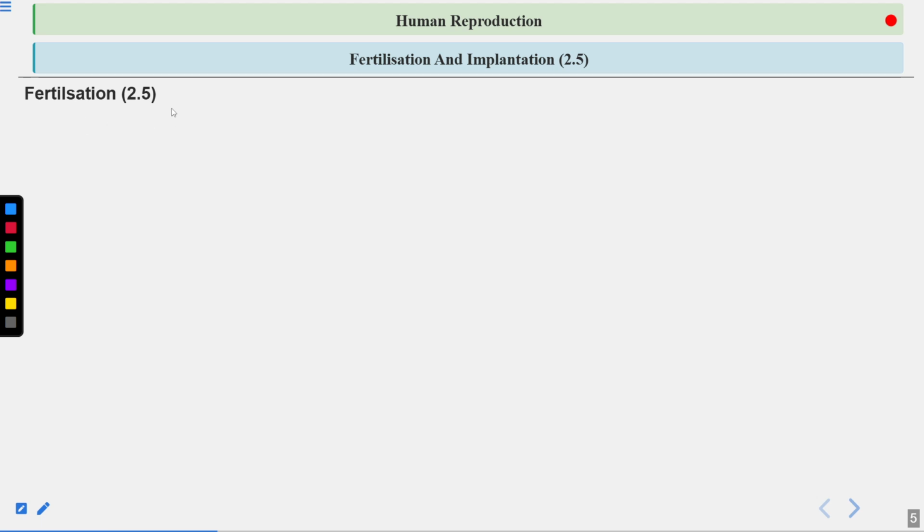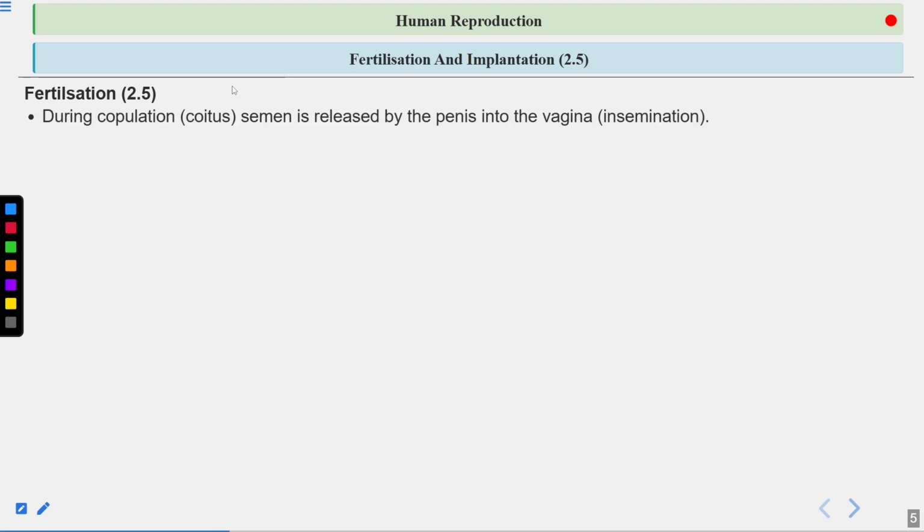What is fertilization? Fertilization is the fusion of the male and the female gametes. During copulation, or coitus, which means sexual intercourse, semen is released by the penis into the vagina, and this process is known as insemination.